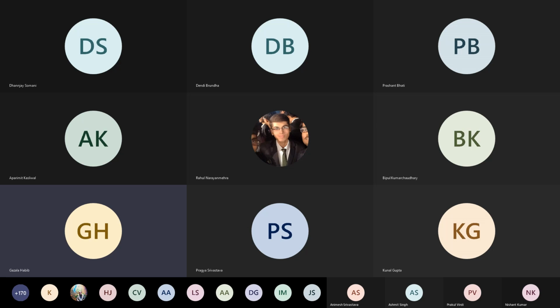So this wind is called the south east trade wind. Okay, I will show you the figure also.